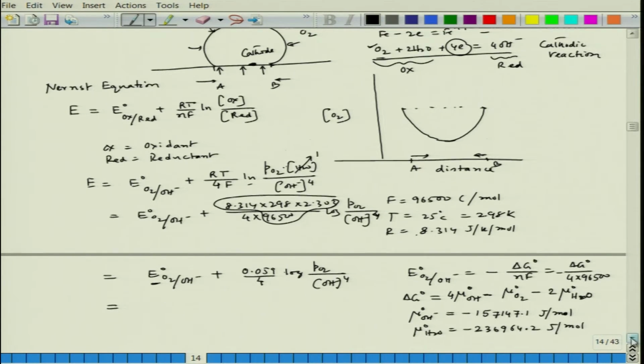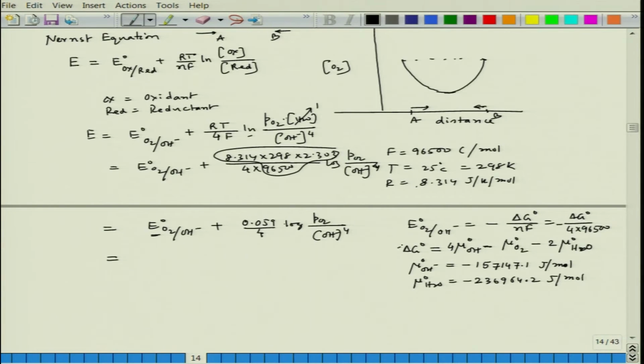So if you calculate as per this, E naught O2/OH minus, you should get 0.401 volt, and this is with reference to the standard hydrogen electrode, which is the reference electrode.